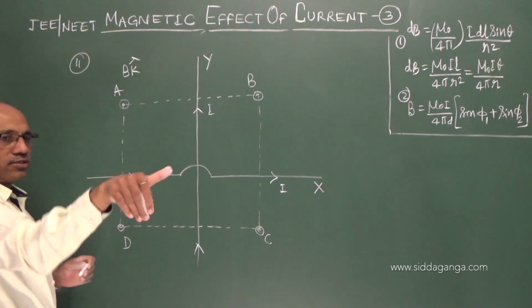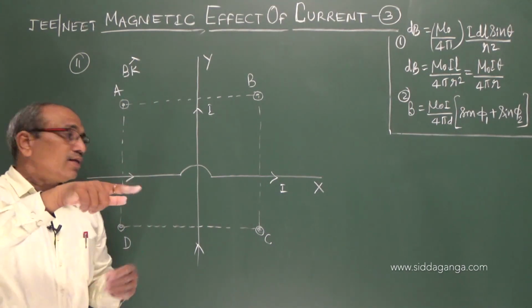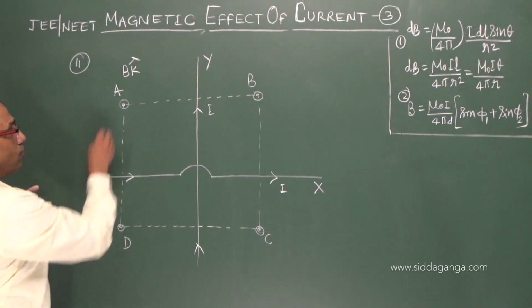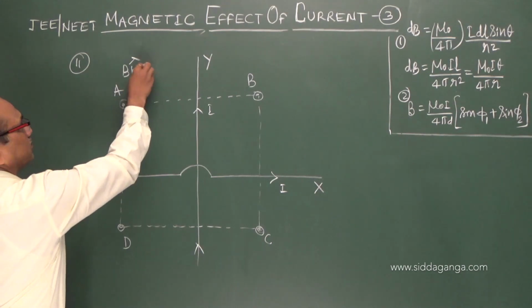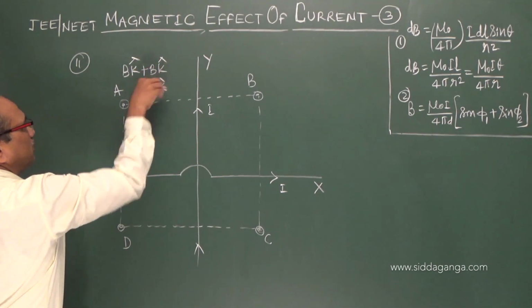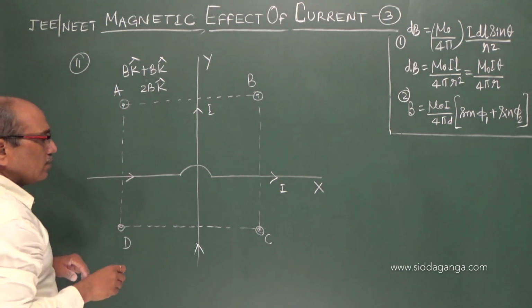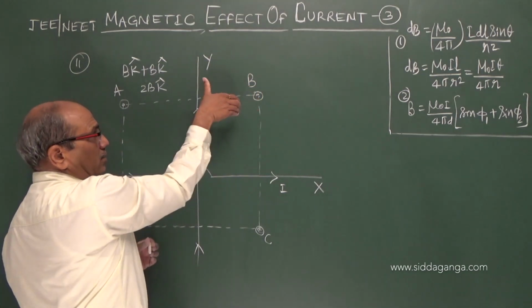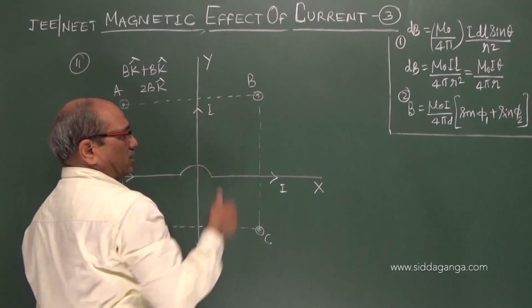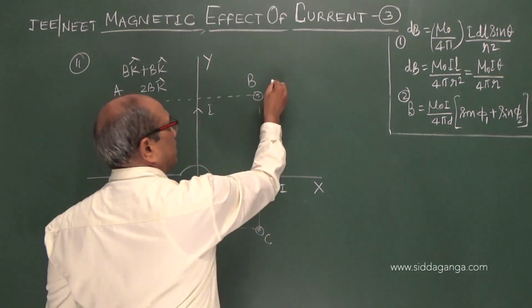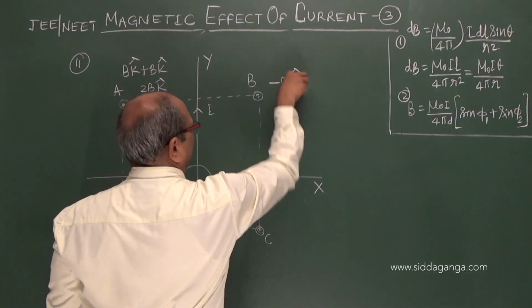Let us think this. Again the current is towards this, anti-clockwise. Anti-clockwise again outward, plus BK. So it is 2BK, it cannot be 0 at this point. Let us think here. As it is inward, inward means minus Z. Out of the board is plus, into the board is minus BK.